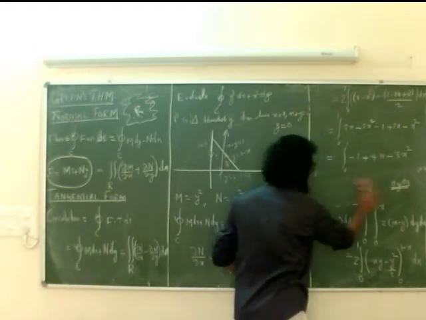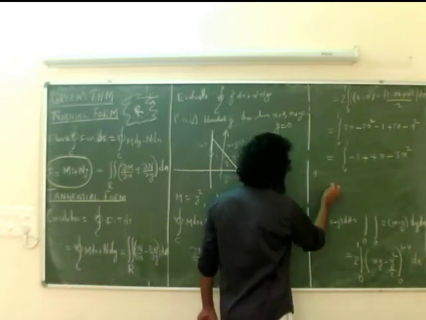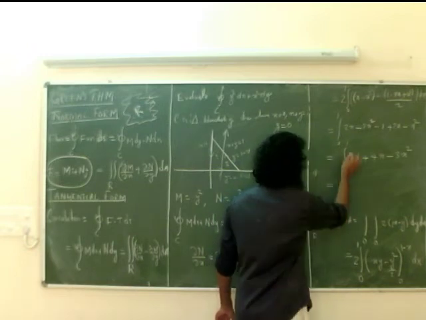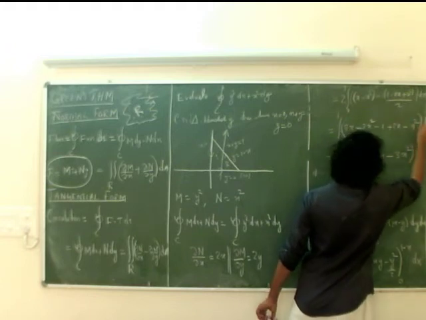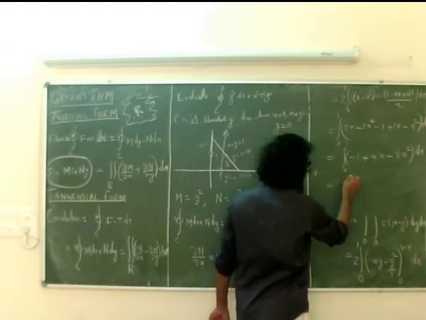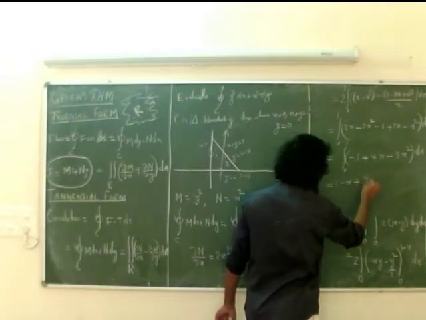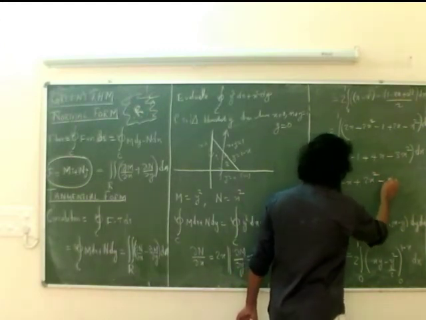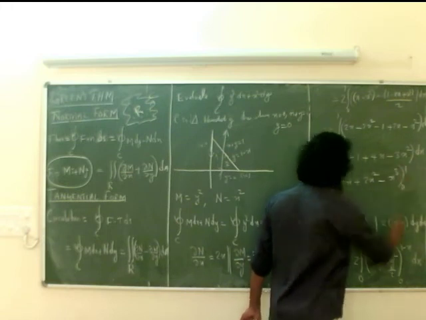So this is equal to, with dx here, minus x plus 4x square by 2, which is 2x square, minus 3x cube by 3, which is minus x cube, from 0 to 1.